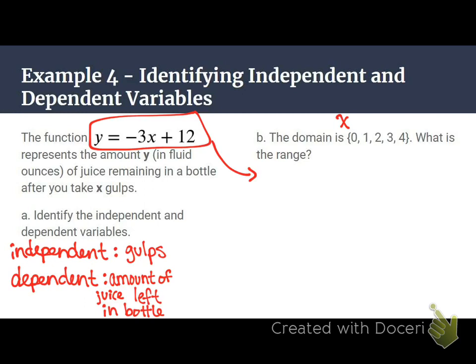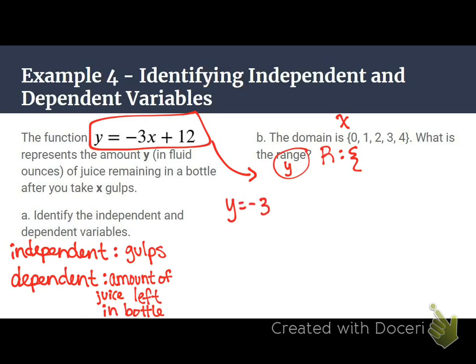Y, and y gives us our range values. We see how this is going to work? We are going to plug in x's, the y's go in our range. So I'll go ahead and set up my curly brackets for my range, and then we'll just put in our range values as we find them. We might have to reorder them later.